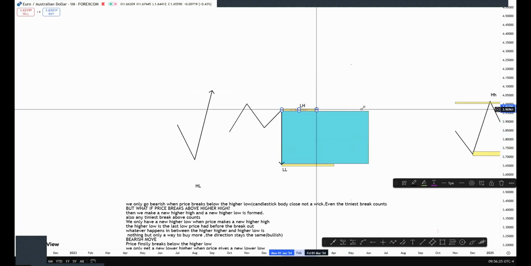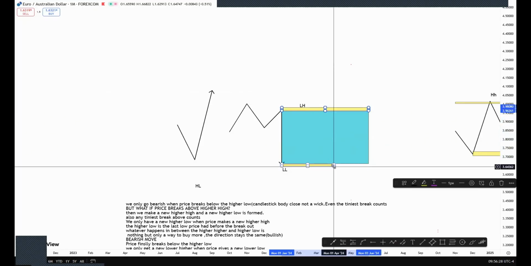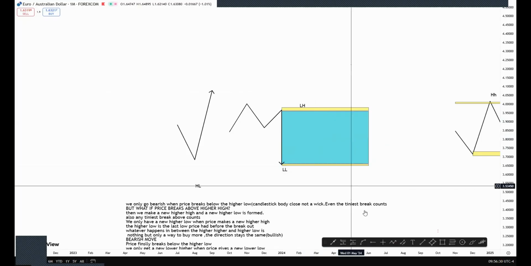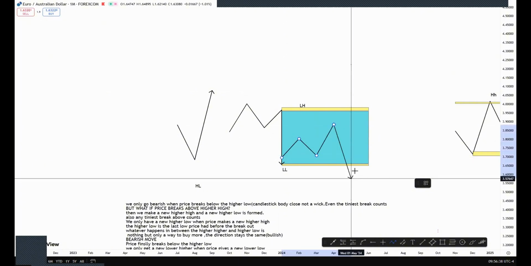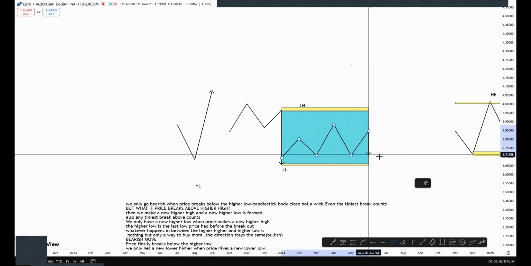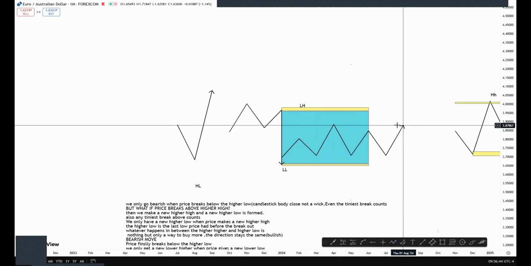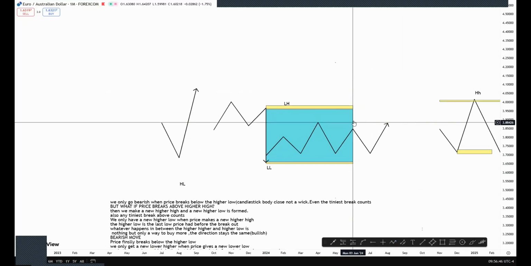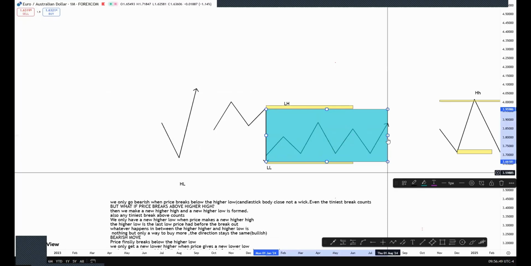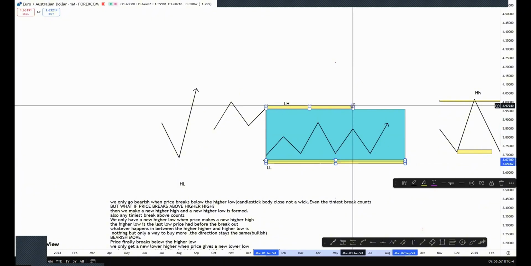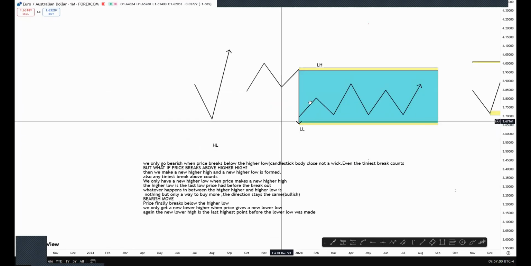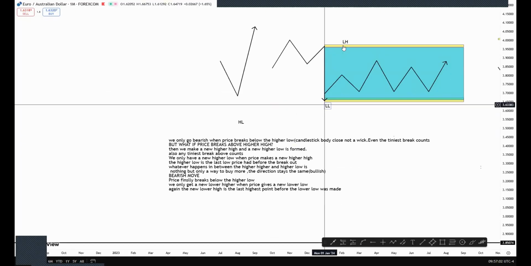Okay, so that's my lower high, and that's my lower low. So for me now here, I'm just waiting to see what price will give me so I can sell more. Even if price was to do this right here, my interest will still be looking for sales. I won't start looking for buys at this point. I'm only looking for sales because price has shown me the initial move is bearish, because this is our lower low, this is our lower high.